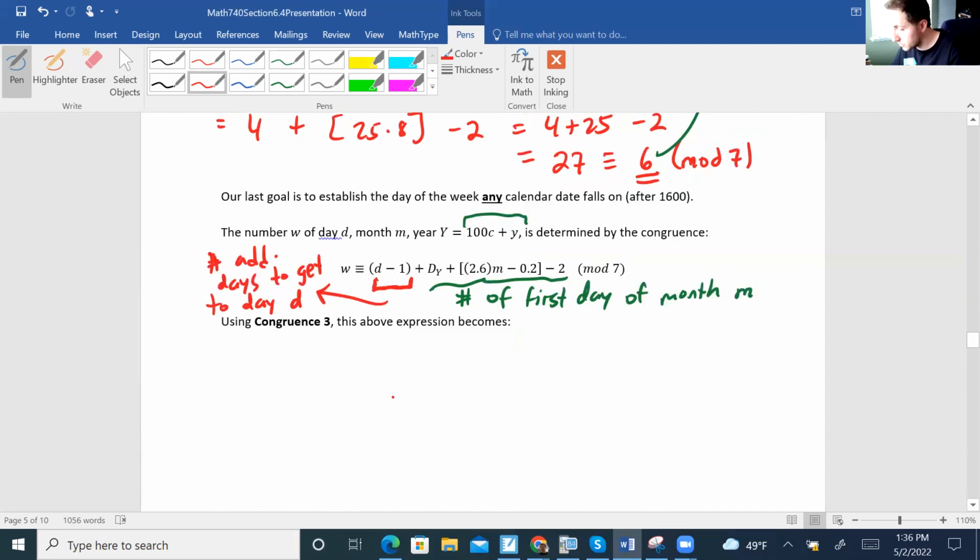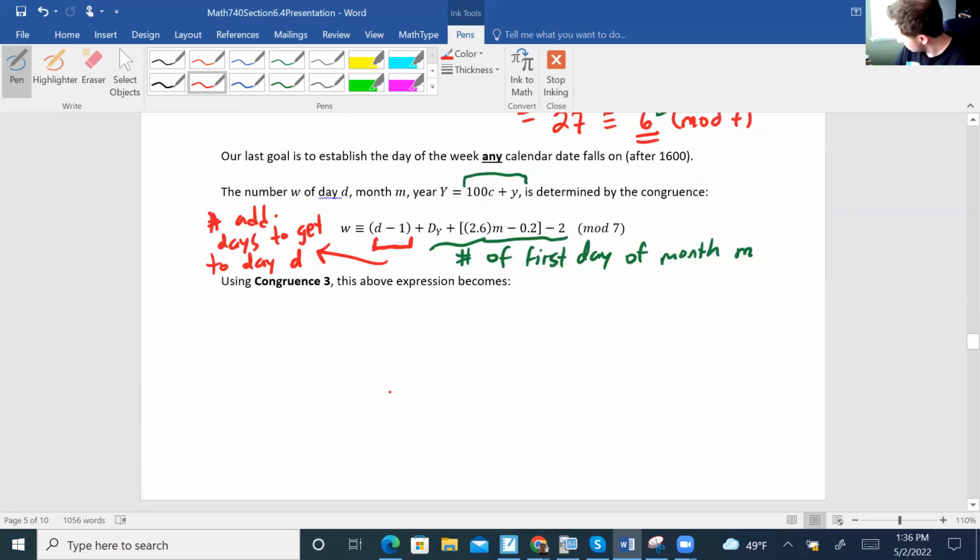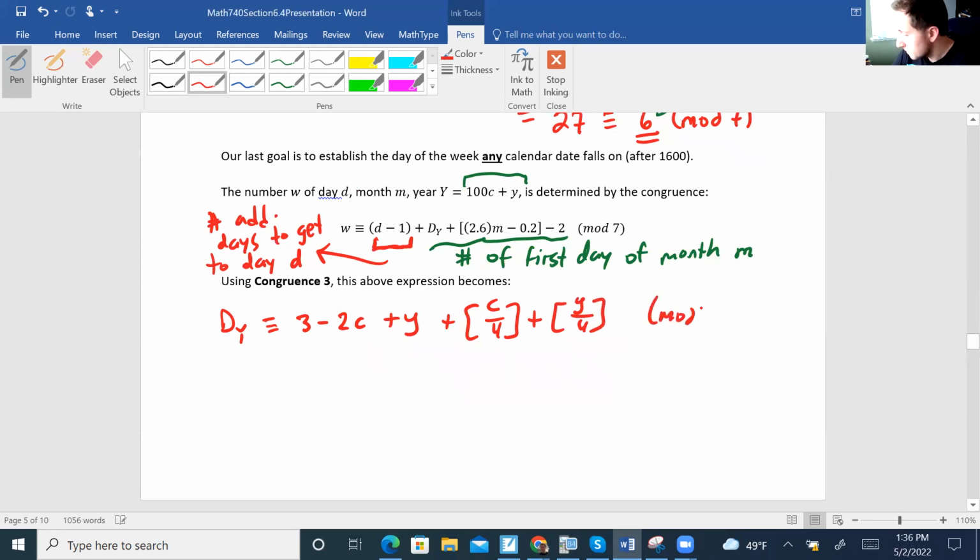So using congruence 3 from earlier, we have D sub Y is congruent to 3 minus 2C plus little y plus C over 4 plus Y over 4. This is all mod 7. Okay, so substituting, we know this is congruence 3.